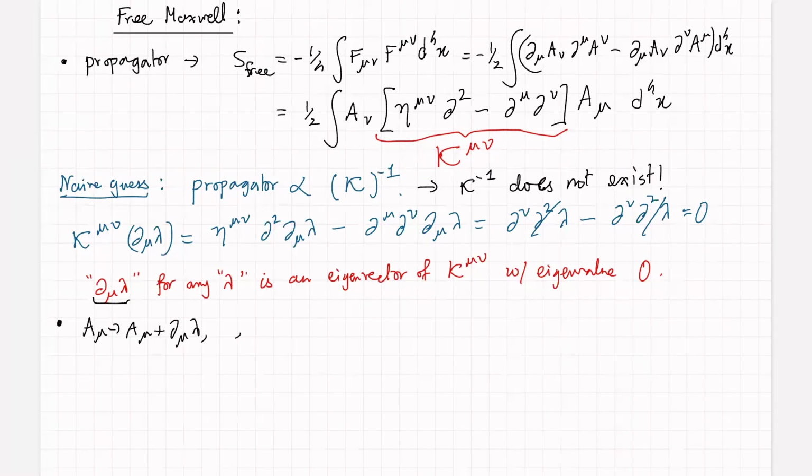And if my action is just A K A, then under A going to A plus del mu lambda, I better have that K del mu lambda is identically zero. It has to be true. So you couldn't have had any other kinetic term. Without doing any computation, just based on gauge symmetry, we could have argued that you can write this as A mu K A mu such that K has to satisfy this property. So gauge symmetry demands that you have this property.